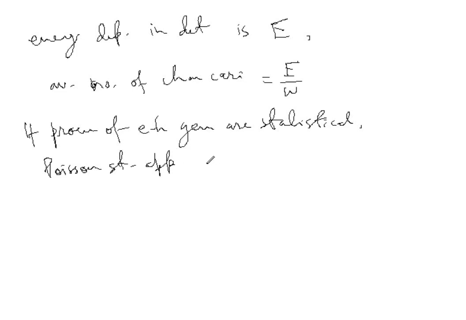And the standard deviation of the number of pairs will be just the square root of E by W. Now it is observed that fluctuations are smaller than what this equation, say equation number 2, gives us.